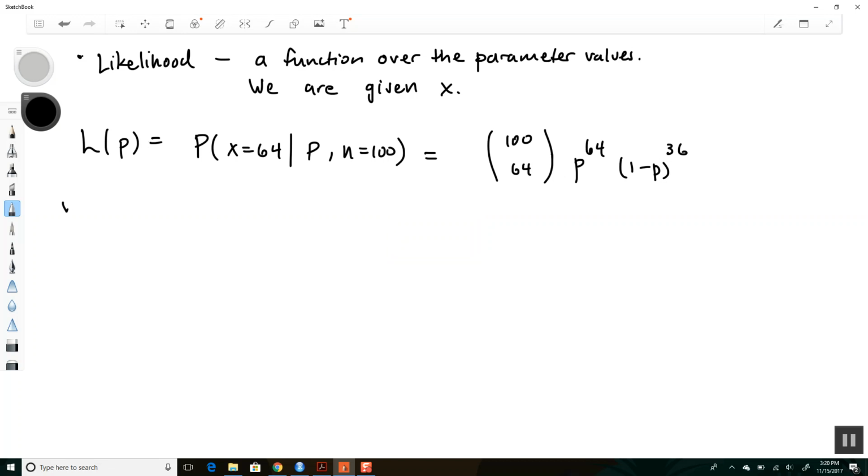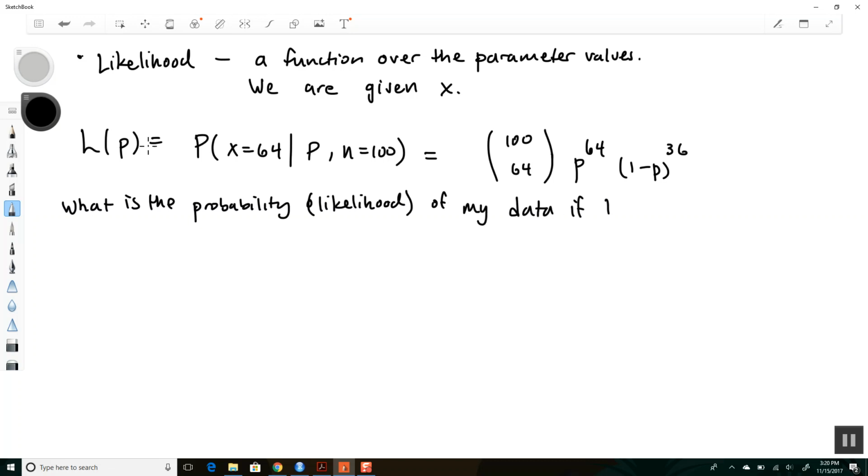And we're asking, what is the probability, or in this case, what is the likelihood of my data if I plug in different values of p?